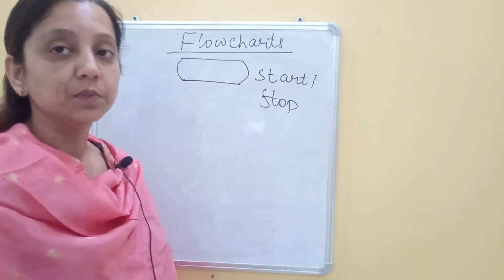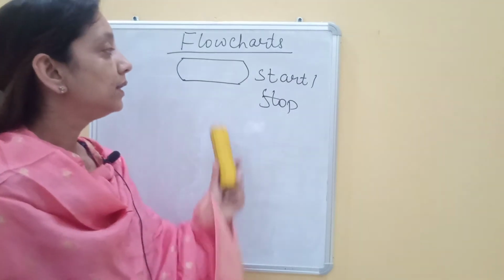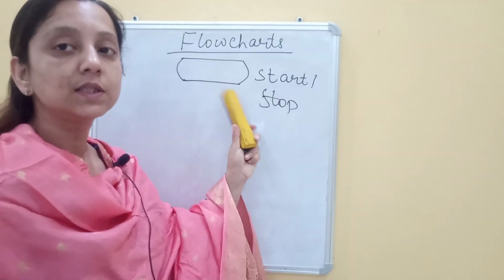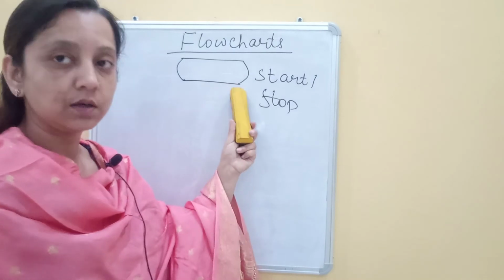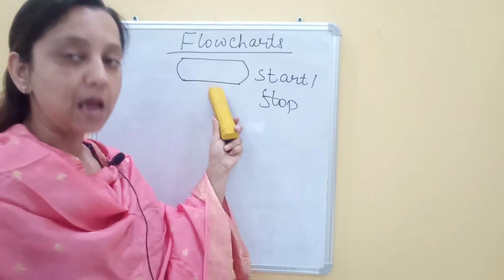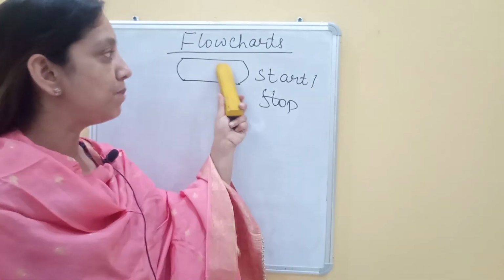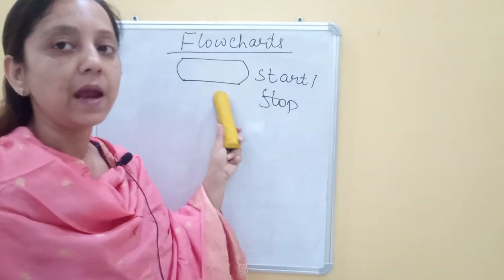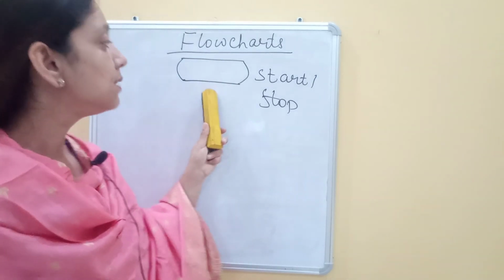As the name says, this particular symbol is used to start a flowchart as well as end a flowchart. That means the beginning is with this symbol, the end is also with this symbol.